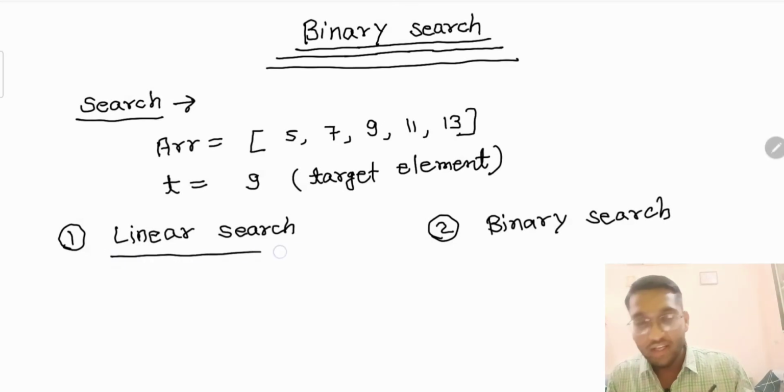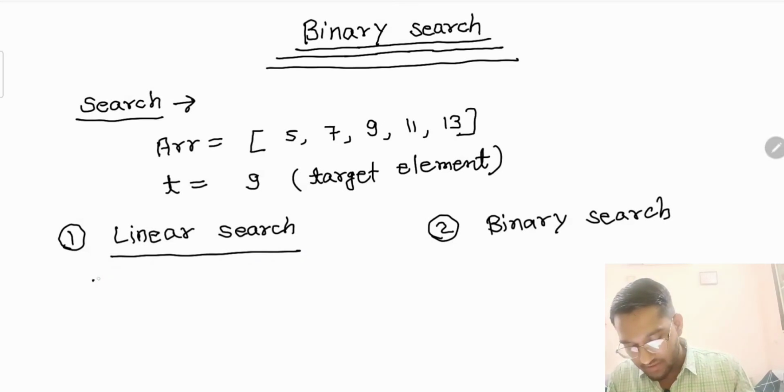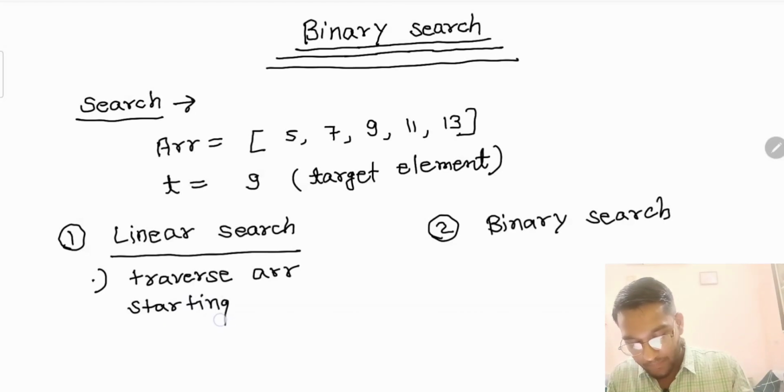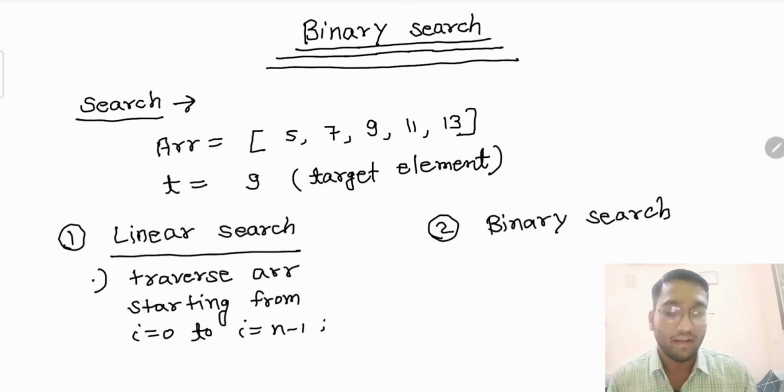In the case of linear search, what are we doing? We are going to traverse the complete array, starting from i equal to 0 to i equal to n minus 1, where n is the size of the array.